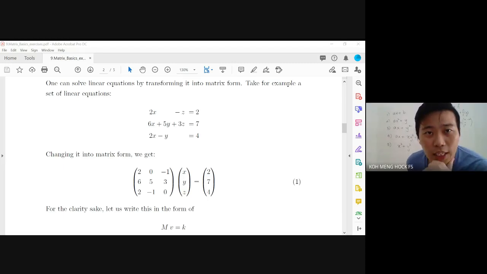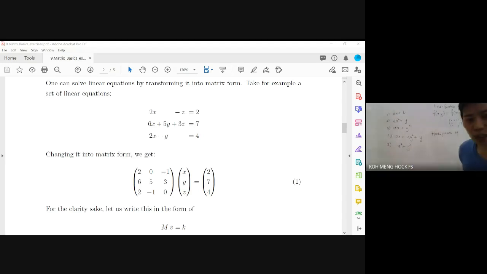So we have a deal after this. Next time when people ask you what is a homogeneous equation, what is a linear equation, you can tell them. A homogeneous equation is an equation where you have x plus y equals 0, 3x plus 2y equals 0.